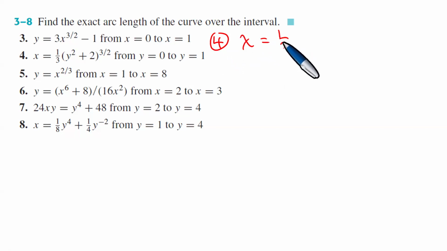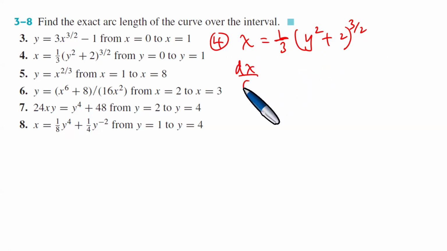X is equal to 1 out of 3 y squared plus 2 to the power 3 out of 2. Okay. Now we continue. Because now we have x already the subject, we can just find the dx dy. Bring down the 3, it becomes 1/2. Subtract 1 becomes 1/2.